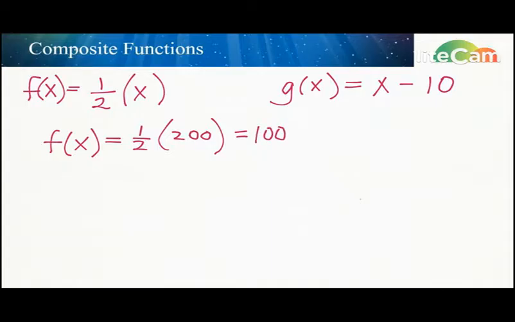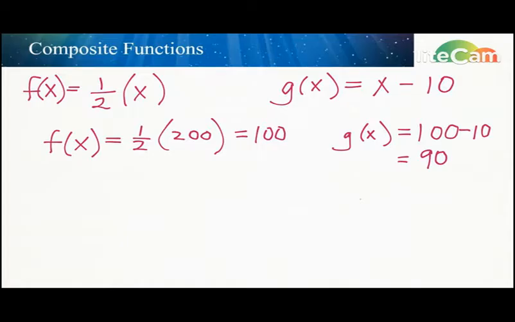When you go up to pay for the items, you remember that you have $10 off. So you take 100 and you subtract 10, which gives you 90, not including sales tax.